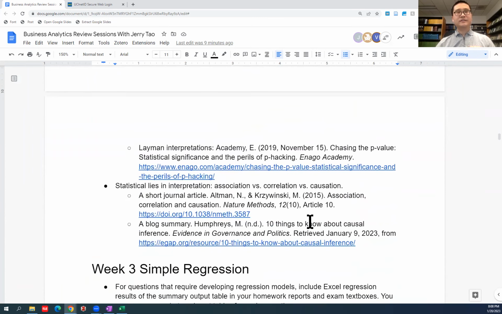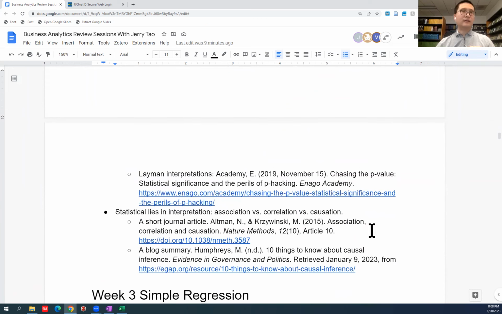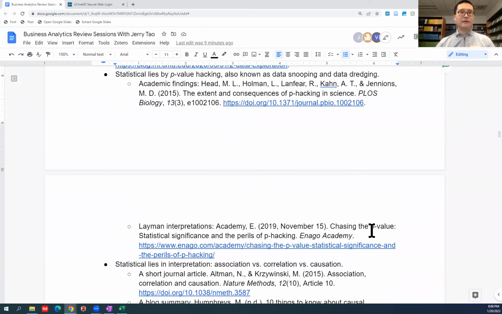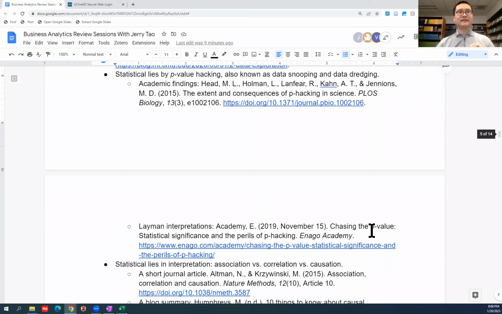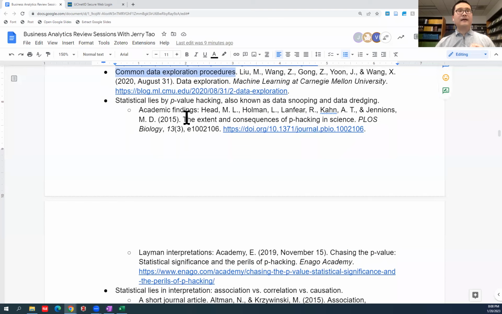And in the last question in our homework, we are challenged to discuss lies in statistics. In my field, I noticed that there are two major areas where researchers and readers can make mistakes. One is so-called p-value hacking, also known as data snooping and data dredging.